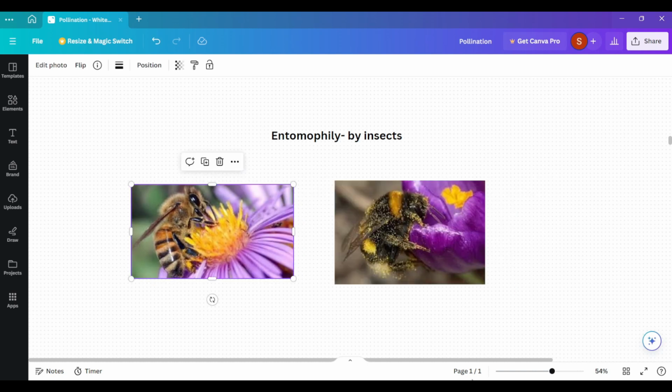To attract the insects again and again, or to sustain their visits, these flowers provide certain rewards to these animals. The rewards can be nectar, or sometimes pollen grains can act as a reward. To harvest the rewards again and again, these pollinators visit the flowers.